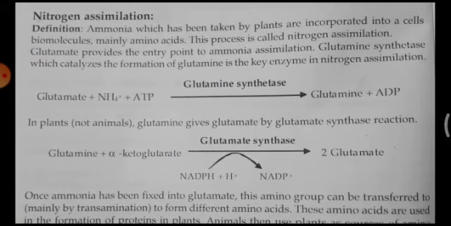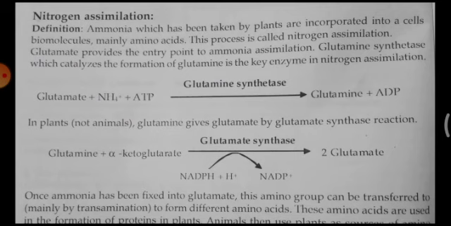Ammonia which has been taken up by plants is incorporated into a cell's biomolecules, mainly amino acids. This process is called nitrogen assimilation. Nitrogen fixation is when atmospheric nitrogen is converted to ammonia. And nitrogen assimilation means conversion of the ammonia into useful biomolecules such as amino acids and other compounds.